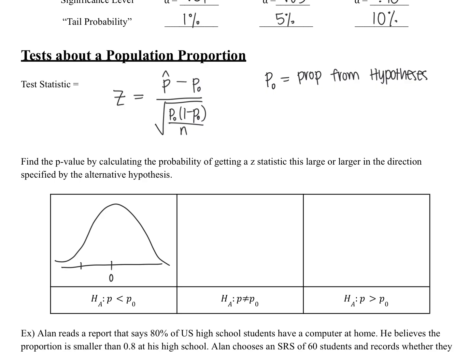Our z-score, if we are below our null hypothesis, would be negative, and our probability would be the area below. So this would be our p-value: how likely are you to get something below that null hypothesis.